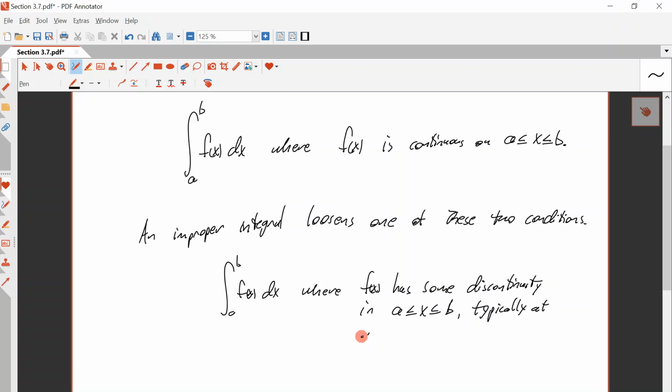Typically at x equals a or x equals b, but not necessarily.